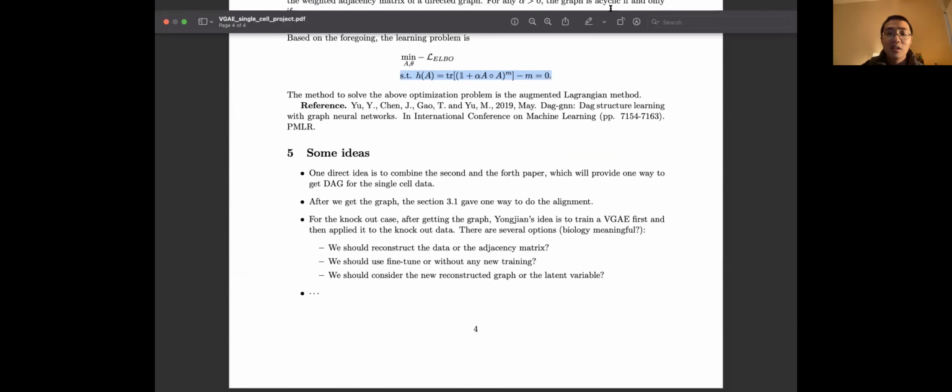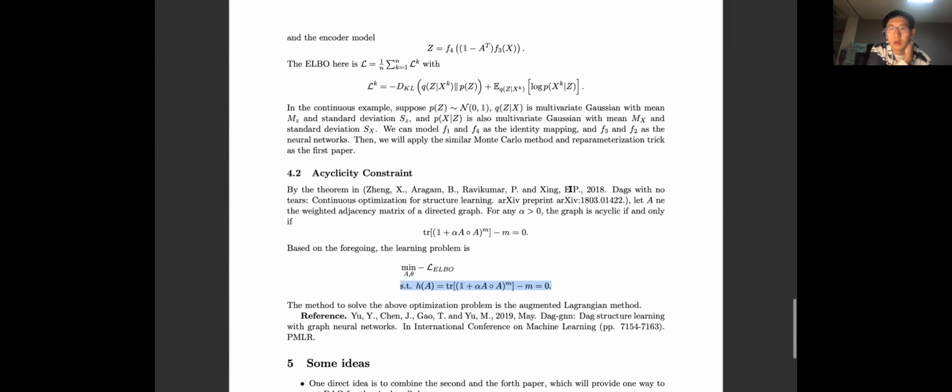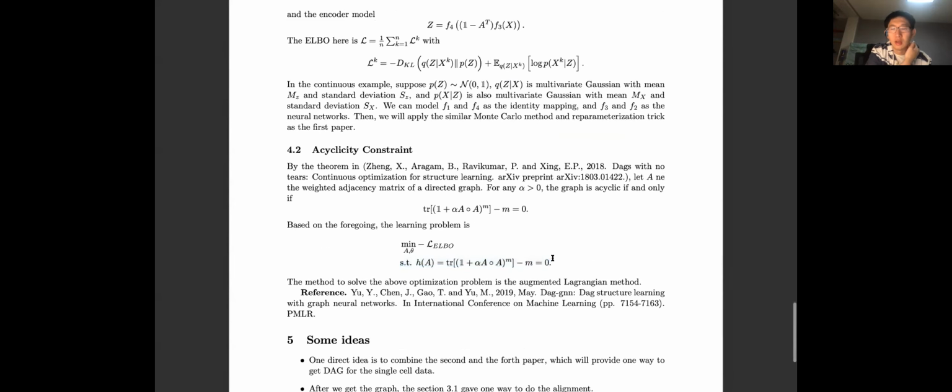And finally, just some discussion and some ideas. Yeah, I have some questions for the last one. For this constraint, they used the augmented Lagrangian method.